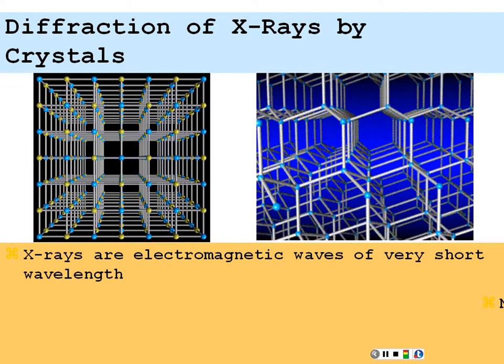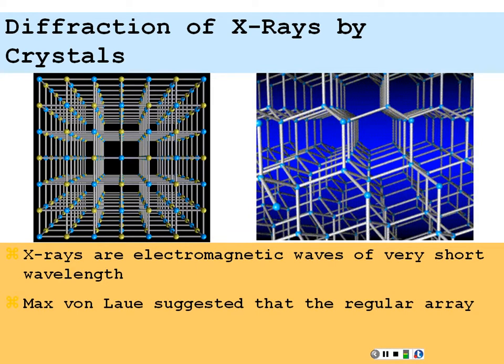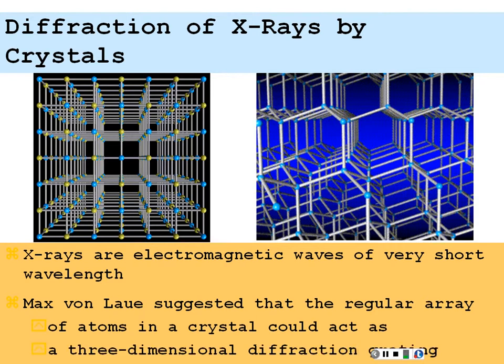So we could use X-rays to create an interference pattern that will help us discern what these spacings are between these atoms. Max von Laue suggested that this regular array of atoms in a crystal could act as a 3-dimensional diffraction grating, giving us information about the solid.